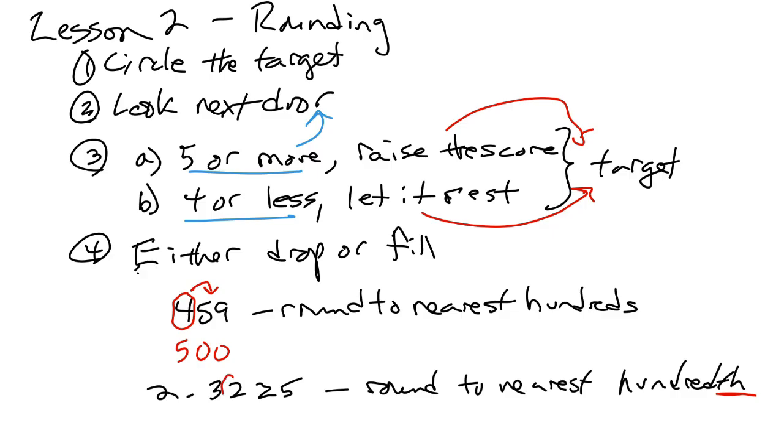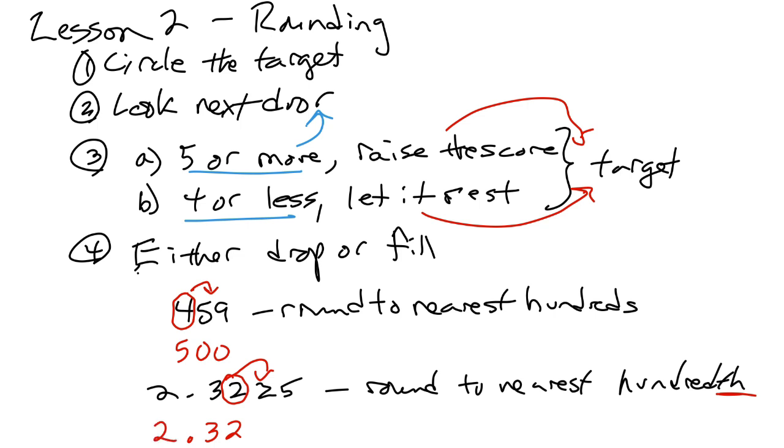Hundredths is the second place value after the decimal point. That's our target. We circle the target. We look next door. 5 or more, raise the score. 4 or less, let it rest. 2 is 4 or less, so we let the 2 rest. The stuff in front stays the same.